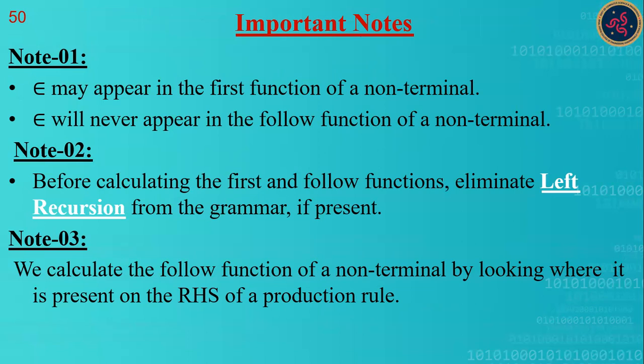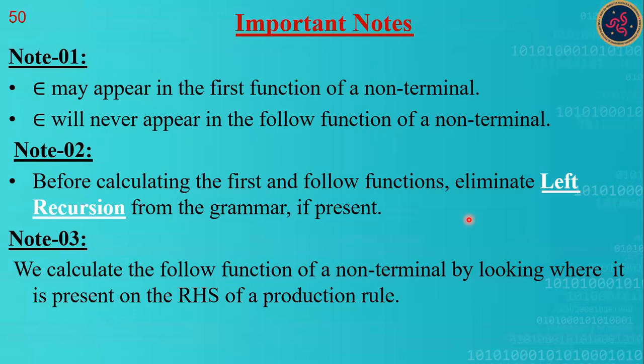The next rule is that before calculating the first and follow functions, if there is any left recursion inside the grammar, then we need to eliminate it. What is left recursion? That is, capital A gives A something beta, or something like that. Then you have to remove that left recursion from the grammar.